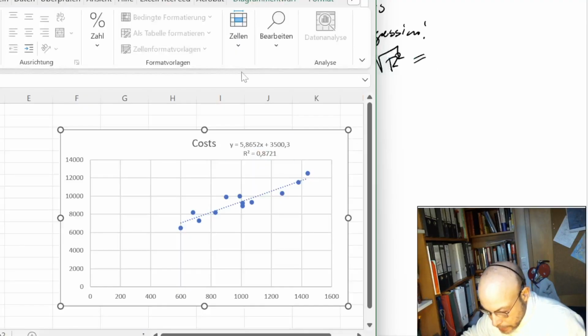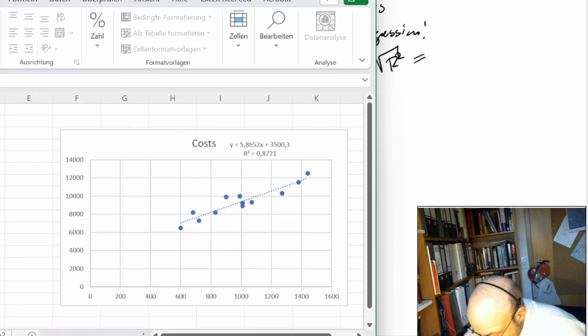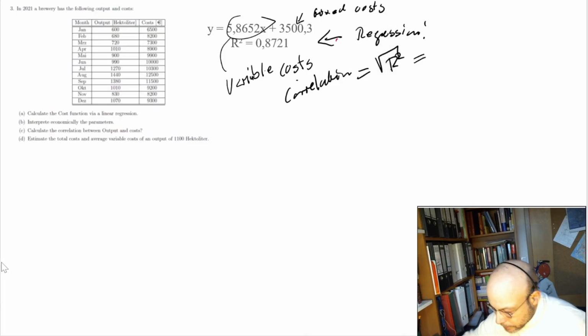Let's calculate this one: square root of 0.72 is 0.872, 0.933.